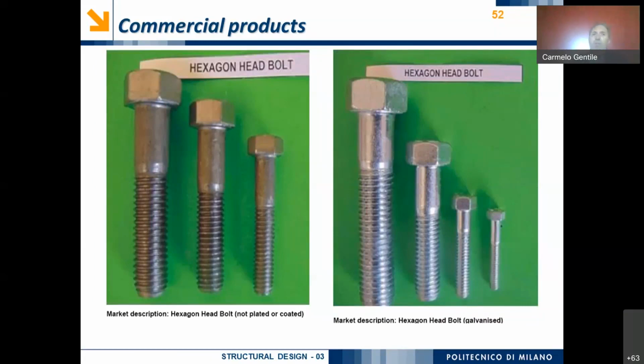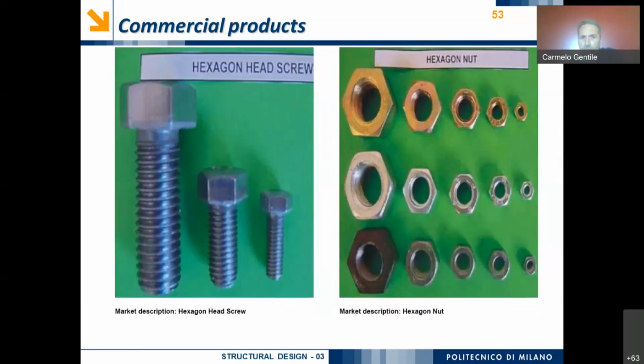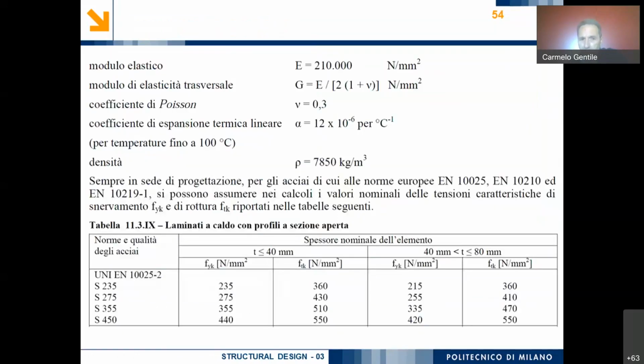And finally, we have, of course, the bolts and the head bolts, okay? Which generally are made of coated or galvanized steel. Again, we have the hexagon nut, and another time the hexagon head screw, and this is a very quick summary of the possible industrial production of steel.